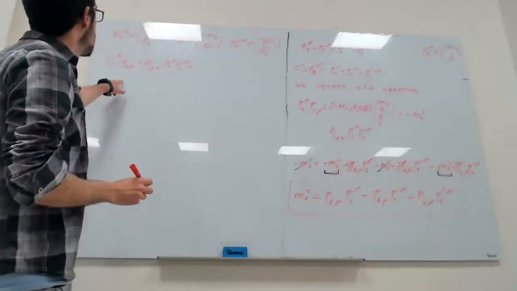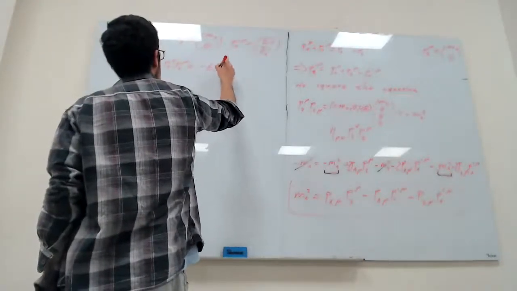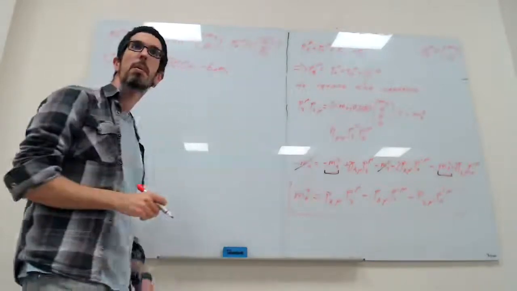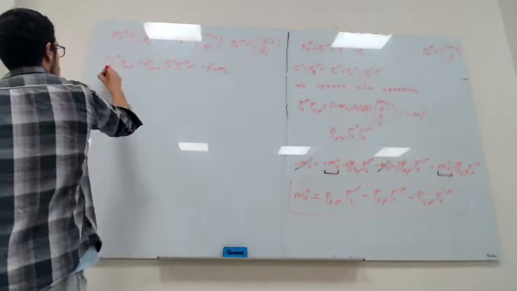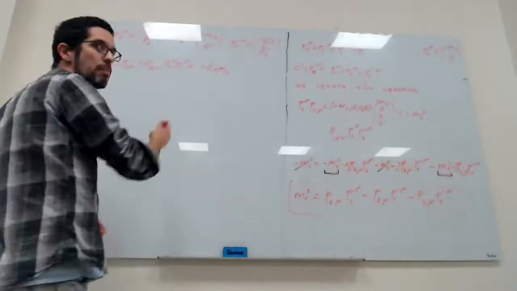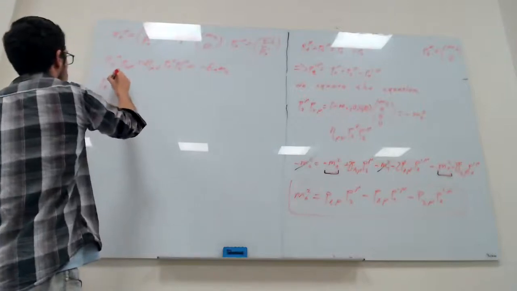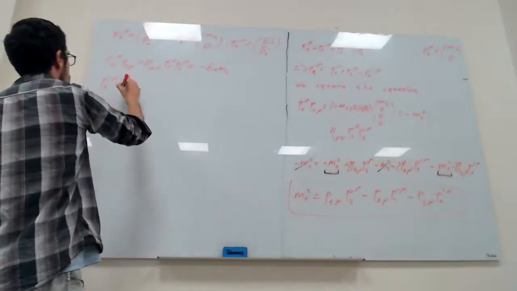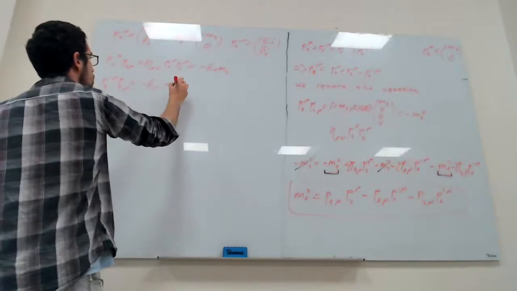Now we have minus U1 and 2. For a similar reason, if we had the tag, it's minus P1 tag U, P2 U, minus P1 tag and 2.